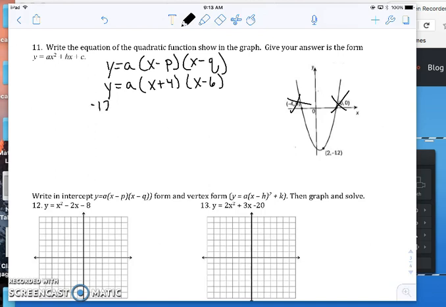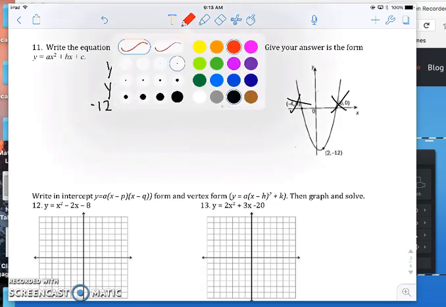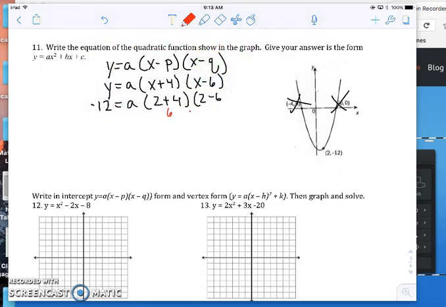So -12 equals a, 2 plus 4, 2 minus 6. So let's see, 2 plus 4, so this is 6 times -4. So we have -12 equals -24a, so that means a equals -1/2.